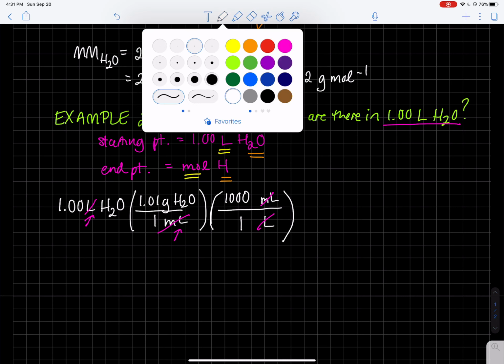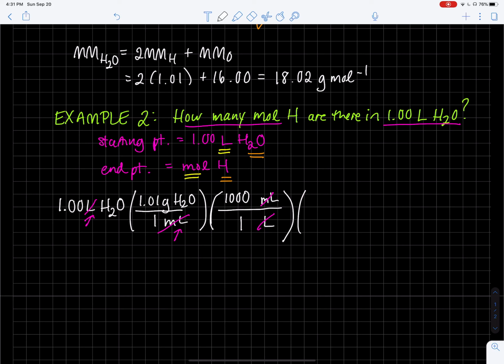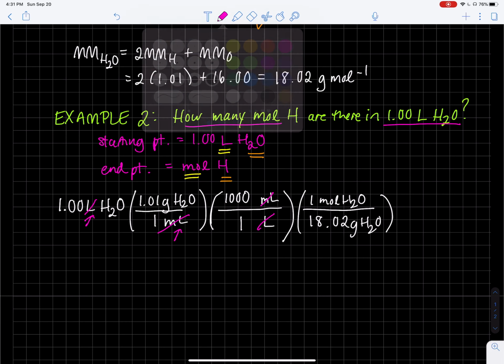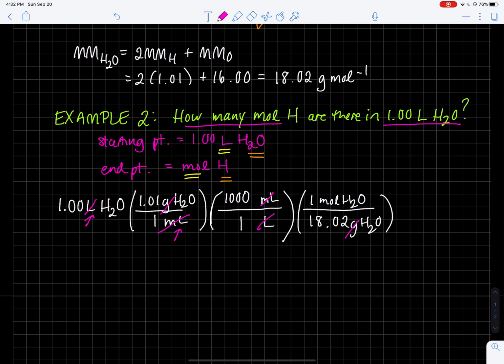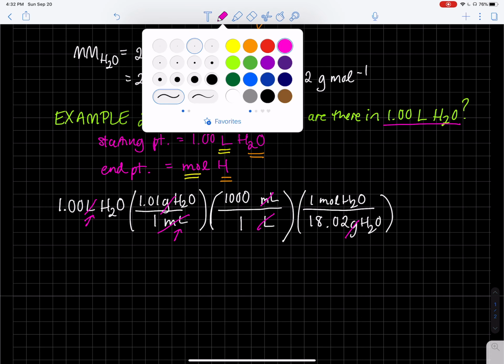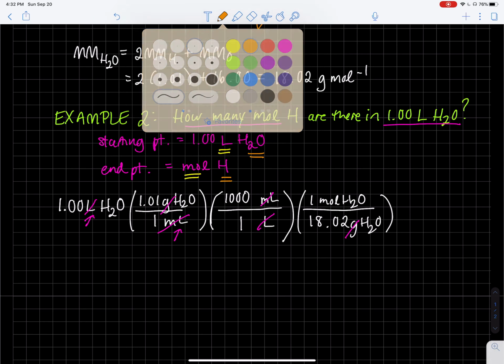I did the work of molar mass last time, so I know that 1 mole of H2O is equal to 18.02 grams of H2O. So my grams cross out, and now I have mole of H2O. But I need moles of H. And so this is a conversion factor that actually was sneakily in here.